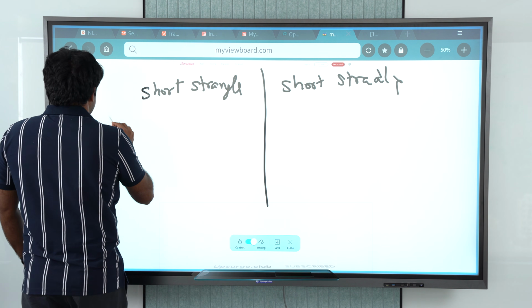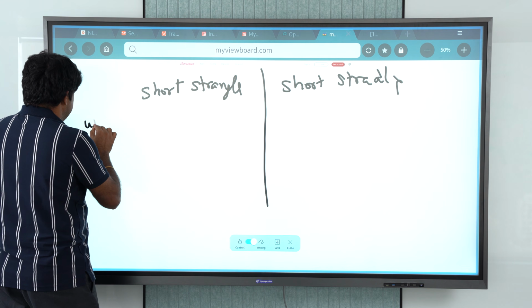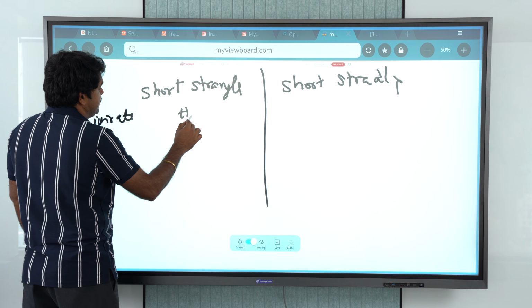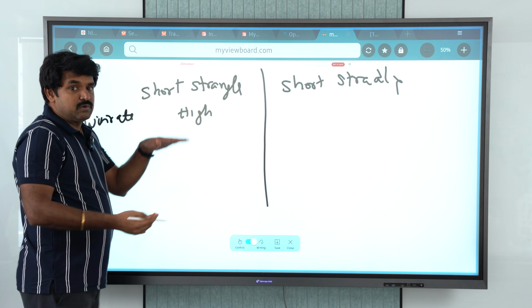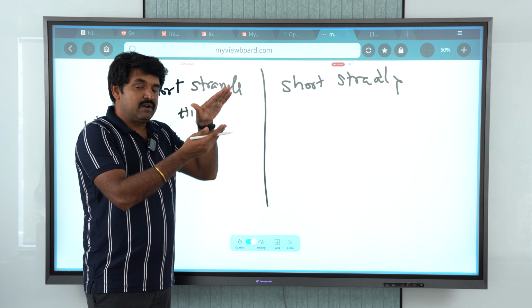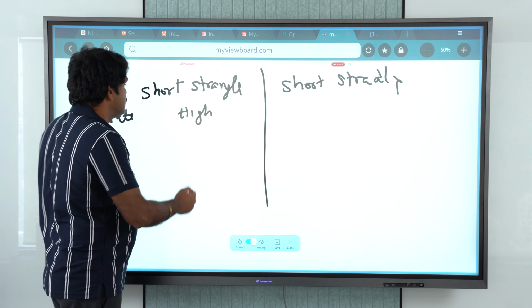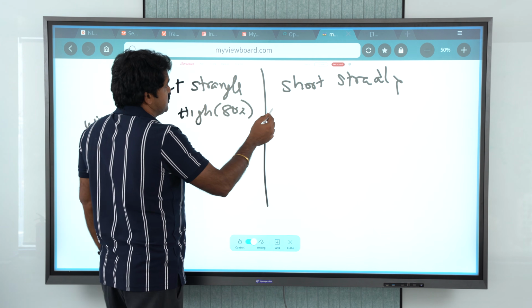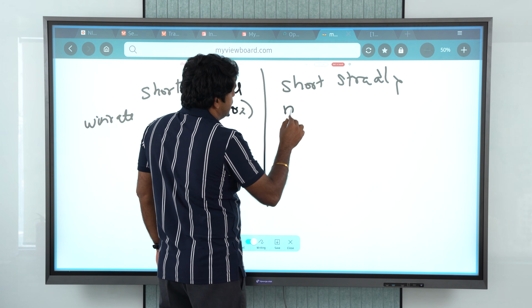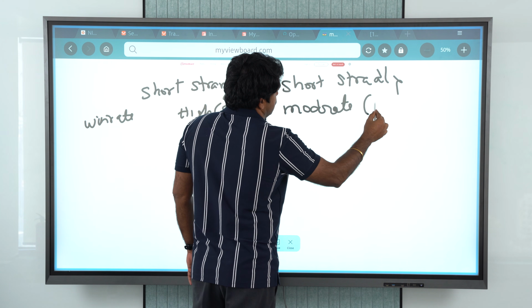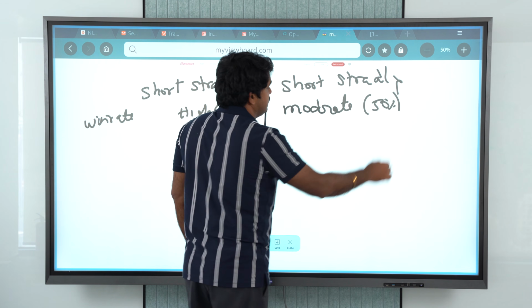First of all, the win rate is high in short strangle because you are selling OTM call and OTM put. The chance of not hitting stop loss is very high, so the win rate is more than 80%. In short straddle, the win rate is moderate, close to 50%, because your stop loss will be hit.